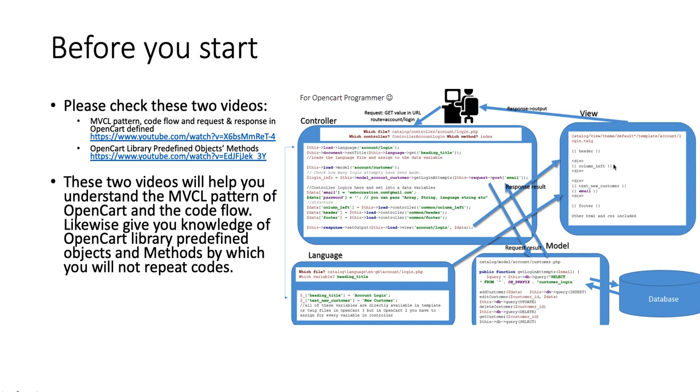Then the views give the response output to the user. So go through these two videos, and another is the OpenCart library predefined object methods. Most of the objects I have shown examples of in this video.